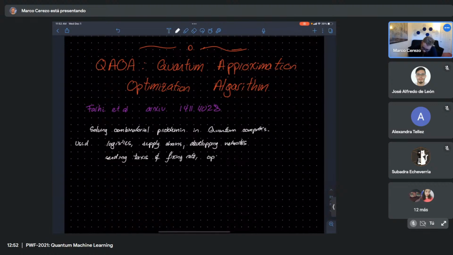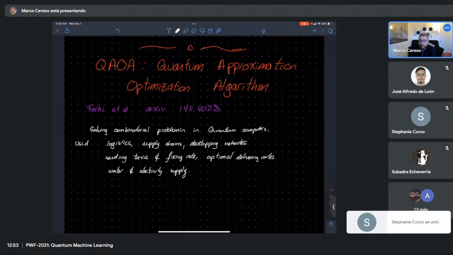Optimal delivery routes for whenever you're sending out packages. And more important and crucial aspects of life, such as water and electricity supply lines. So these are problems that, as you can see, have nothing to do with quantum systems. They have nothing to do with quantum computing.